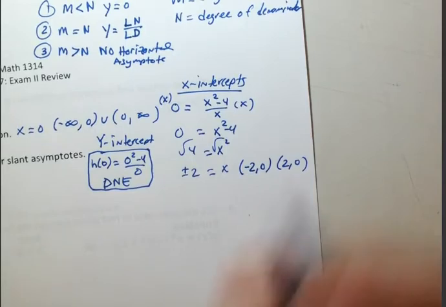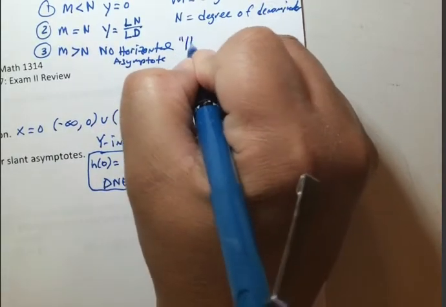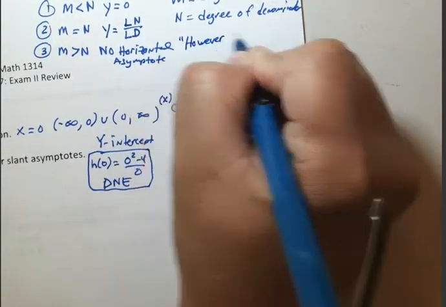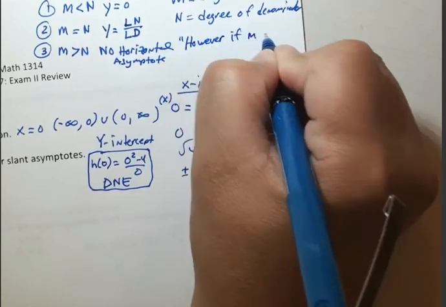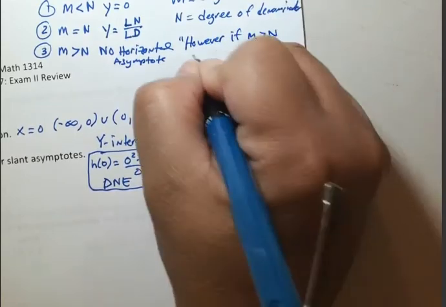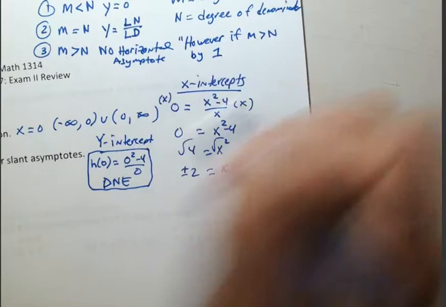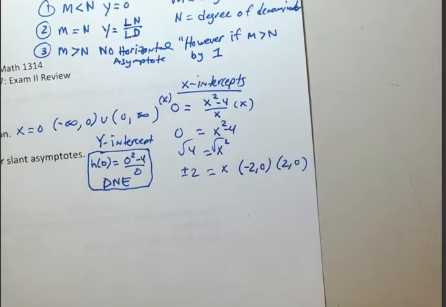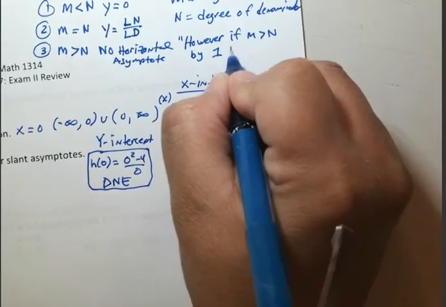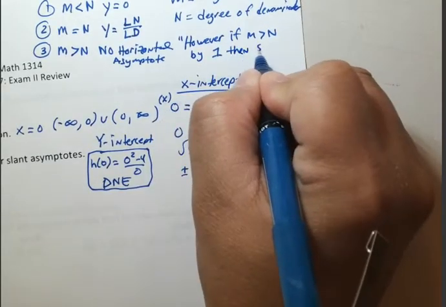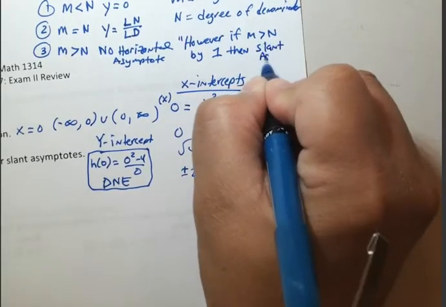However, if m is greater than n by 1, then there exists a slant asymptote.